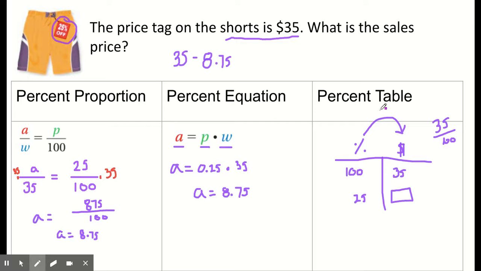That is 0.35. So if I go from the percent side over to the money side, I'm going to multiply by that amount. So 25 times 0.35 is $8.75. So all three ways get you the exact same answer. It's whatever your preference is and how you like to solve the percent problems. Whichever way you think is easiest, that's what you can use.